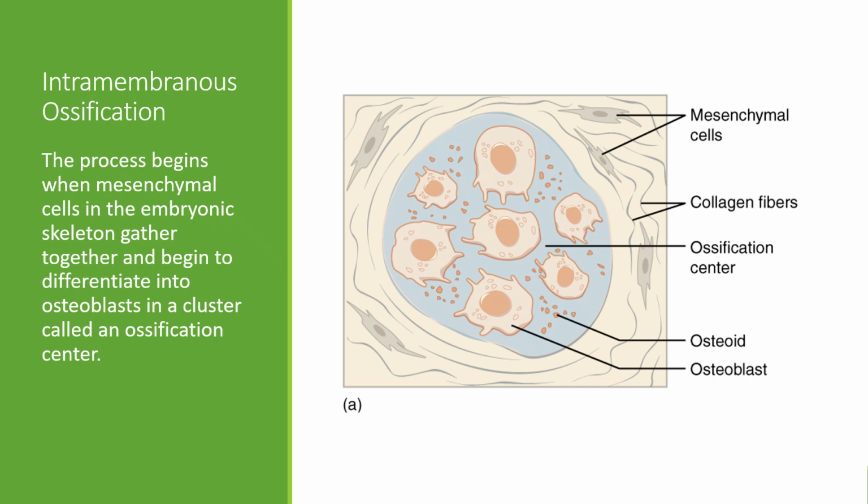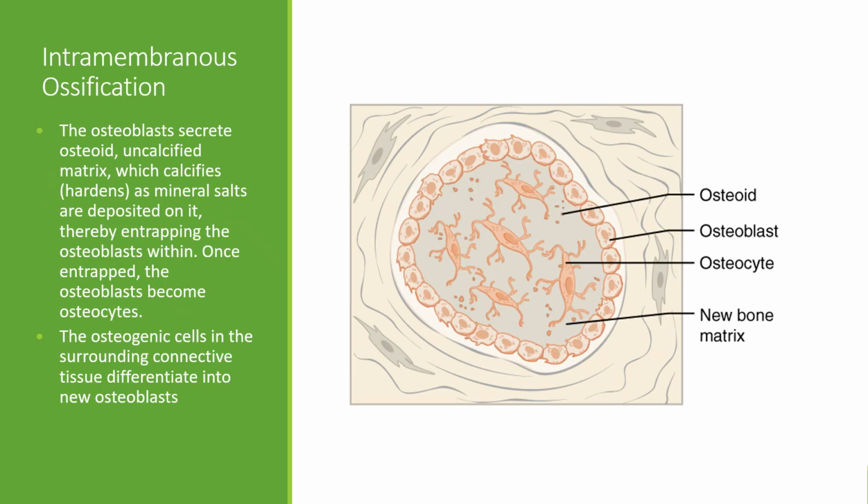All right, the process of intramembranous ossification is going to begin when mesenchymal cells in the embryonic skeleton are going to cluster together and start to differentiate into osteoblasts in a cluster that's called the ossification center. The osteoblasts are going to begin secreting osteoid, which is uncalcified matrix.